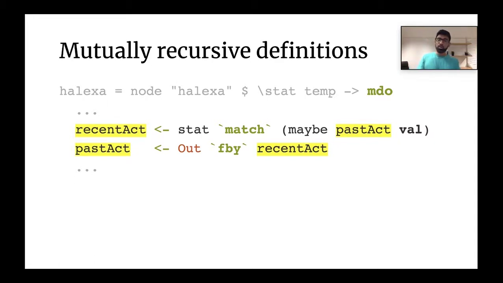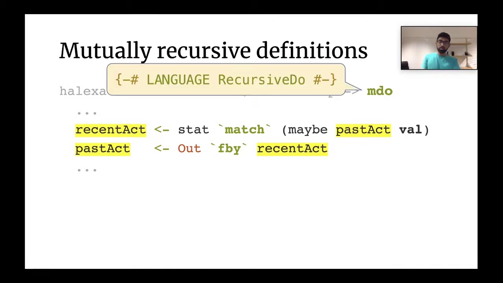So one of the things we're looking at is a mutually recursive definition. So recent act and past act were defined mutually in the sense that they used each other to define themselves. And this is made possible by the mdo keyword, which is available by the recursive do language extension.